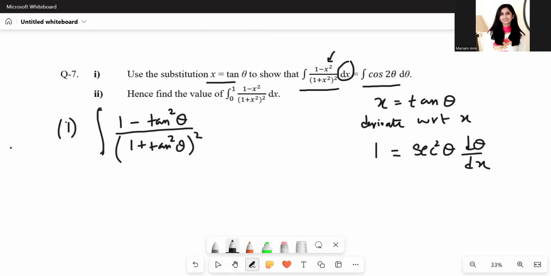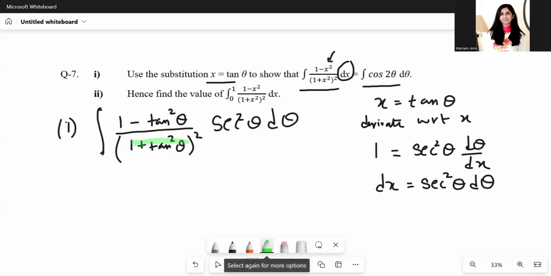Okay. Now move the dx to the other side and we can see that dx is equal to secant squared theta d theta. So instead of this dx, I will write secant squared theta d theta.